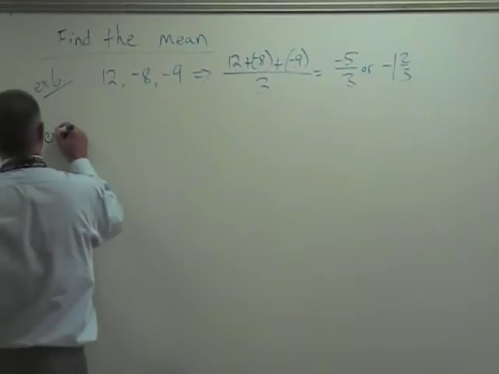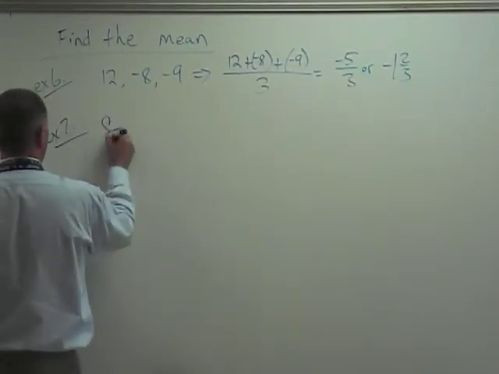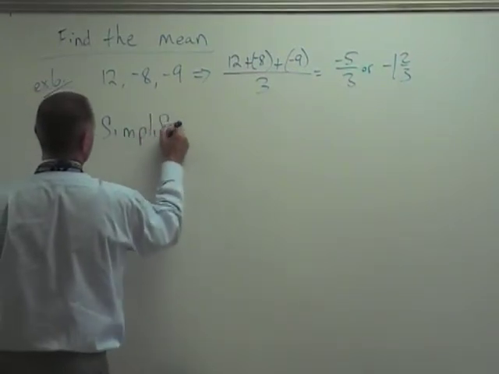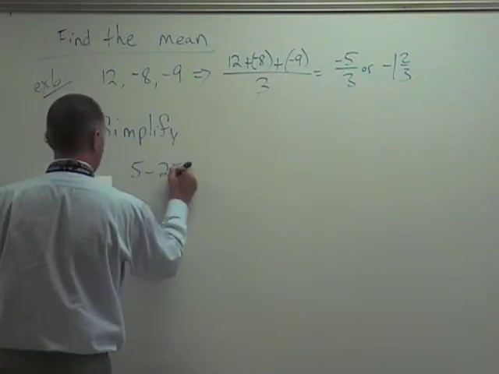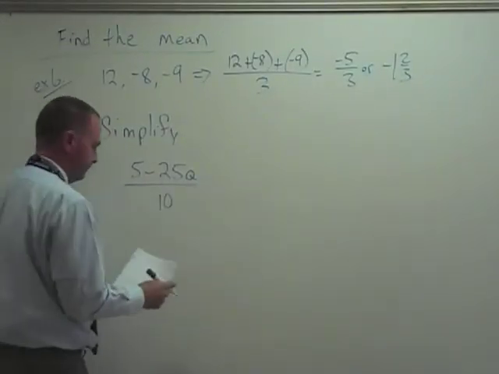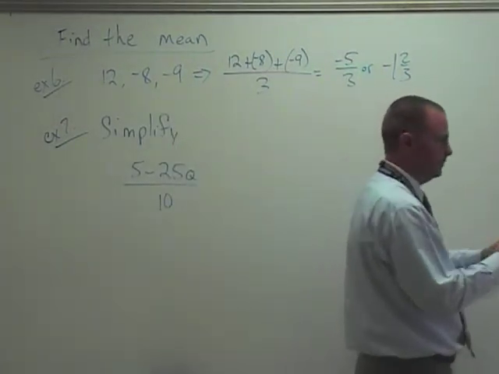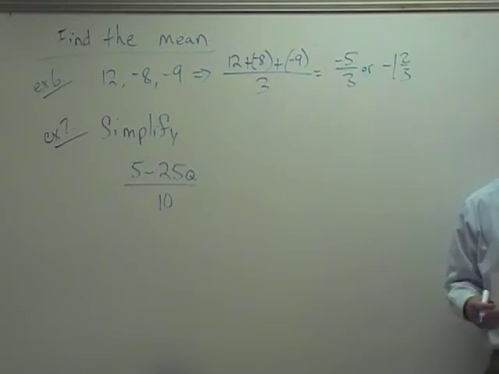All right, example 7. Simplify. Let's see if you've learned anything. 5 minus 25q all over 10. Simplify. It's a wonderful thing.